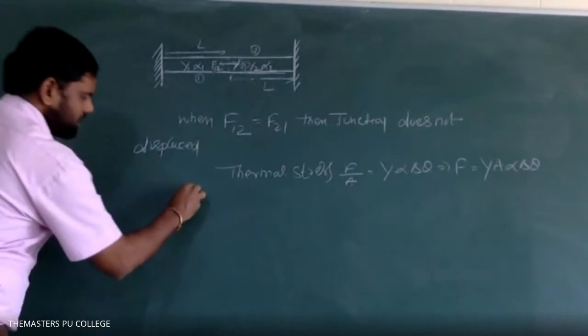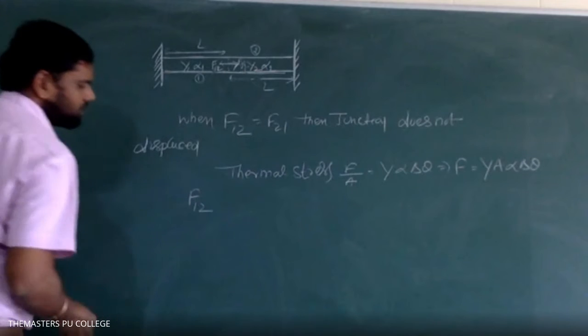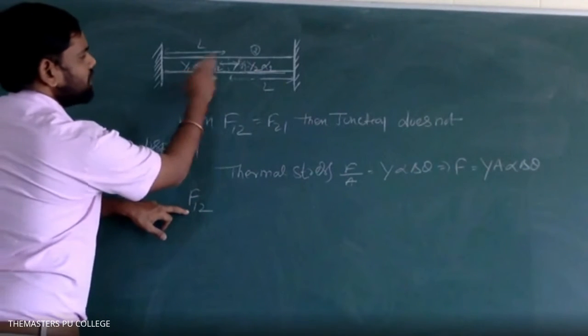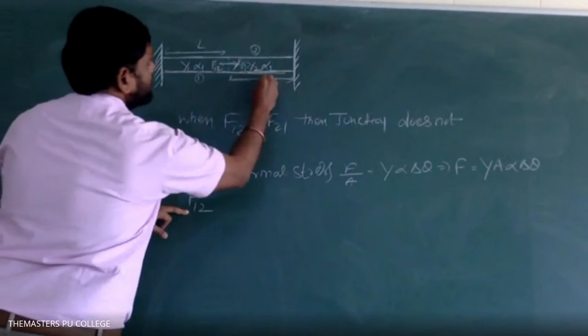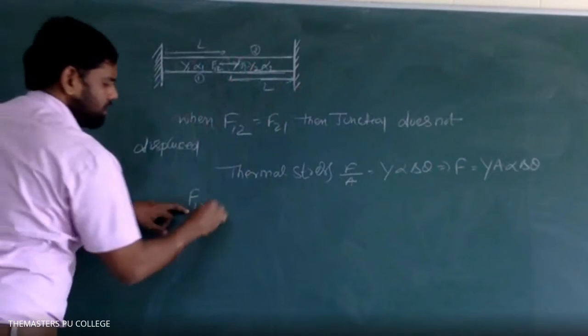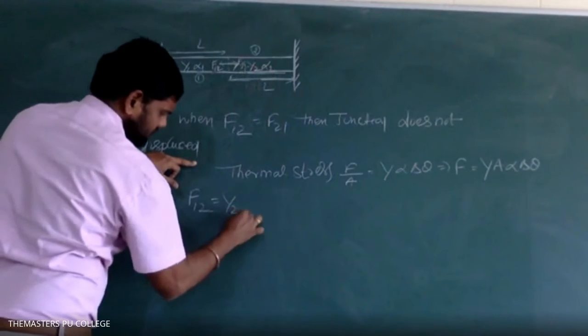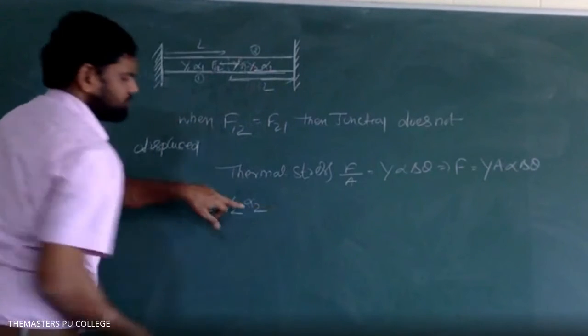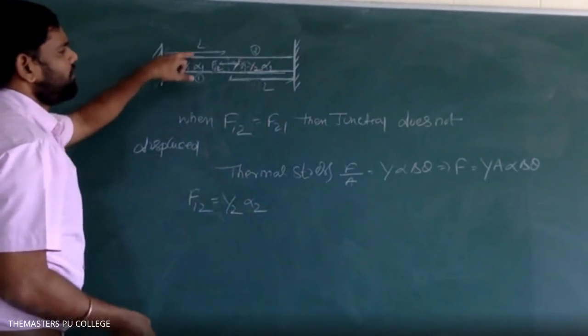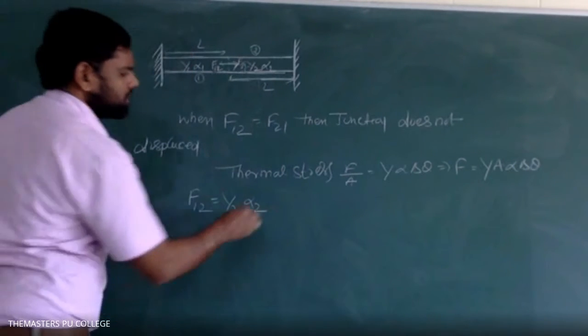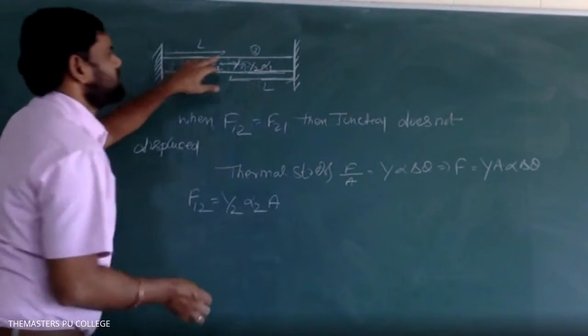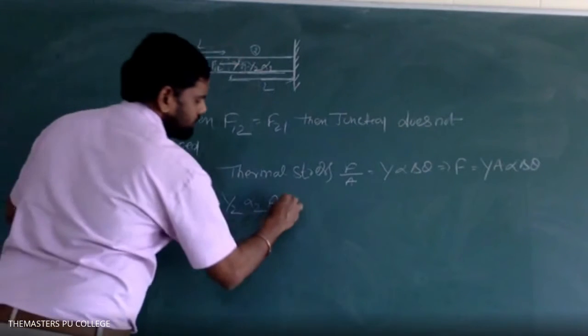Then F12 is the force on the first rod due to the second, meaning the force generated in the second rod. The second rod has Young's modulus Y2 and linear coefficient of expansion alpha 2. From the figure, it is clear that the area of both rods is the same, let it be A, and the temperature difference of both rods is also the same.